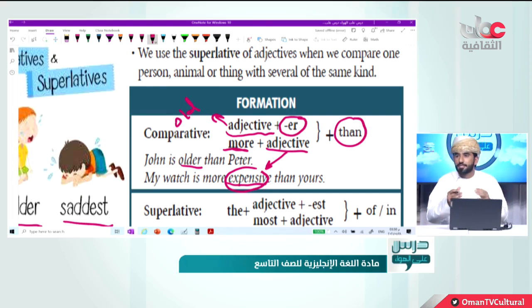Because it has more than one syllable. Expensive is an adjective that contains more than one syllable. Am I right? Exactly. So we use more first, and then we write the adjective as it is, no changes made, and then than, because I said it is mandatory, it's a must that you have to write it down.